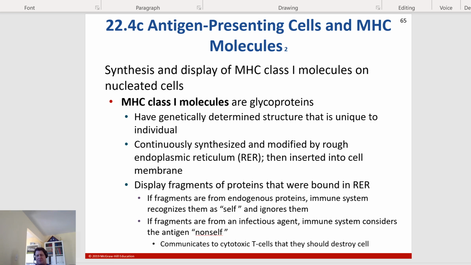Now there are different classes. So the MHC class 1, the major histocompatibility complex 1 molecules are glycoproteins. Every cell in the body has these, every single one of them. It identifies them as self to the immune system, but it also is a reporting mechanism to the immune system.